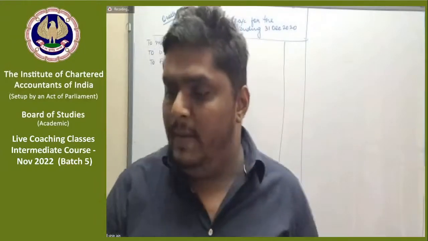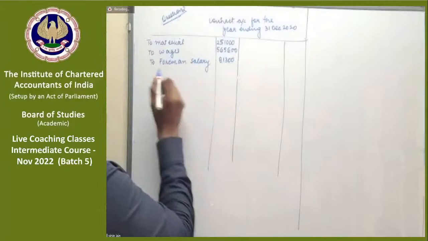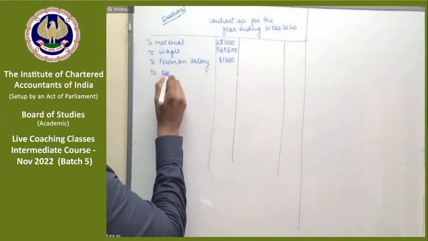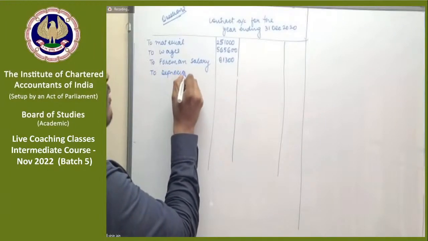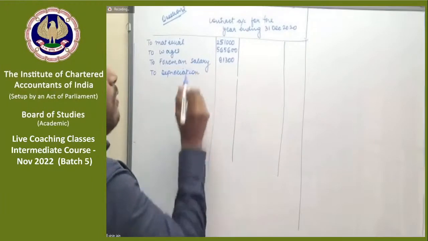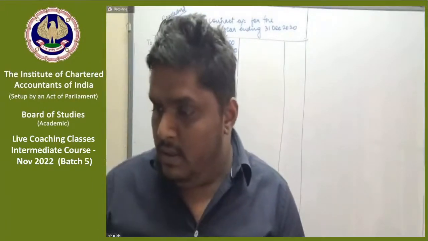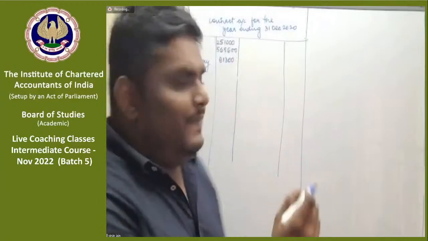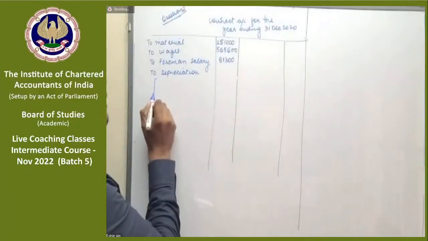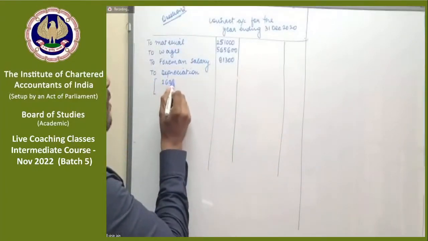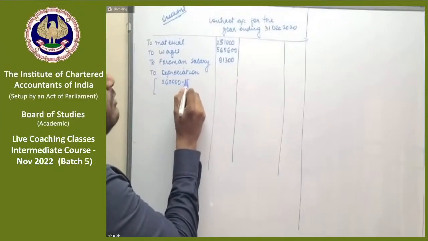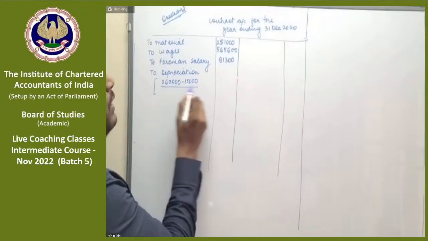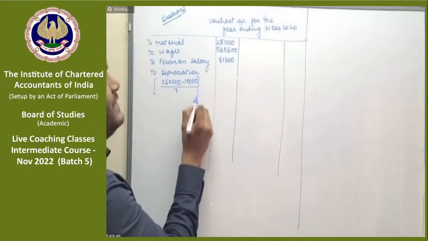Now we'll write to depreciation. We have to calculate the depreciation. That is the cost of the plant was 2,60,000 minus 15,000 scrap value divided by useful life 7 years.